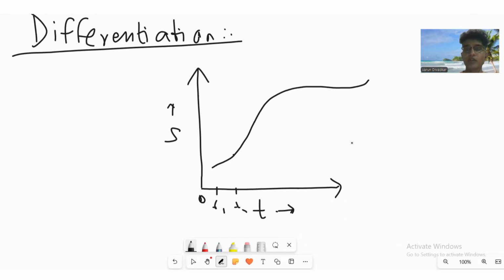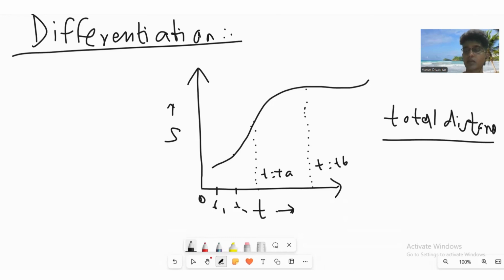Now suppose you want to answer the question: what is the speed of the car from time t equals ta to t equals tb? What has been the speed of the car in this interval? It's nothing else but the total distance covered divided by the total time taken.